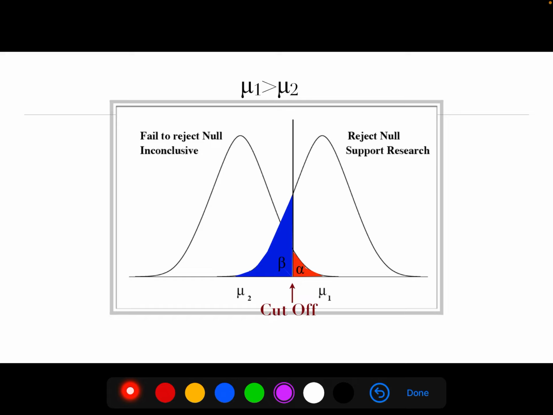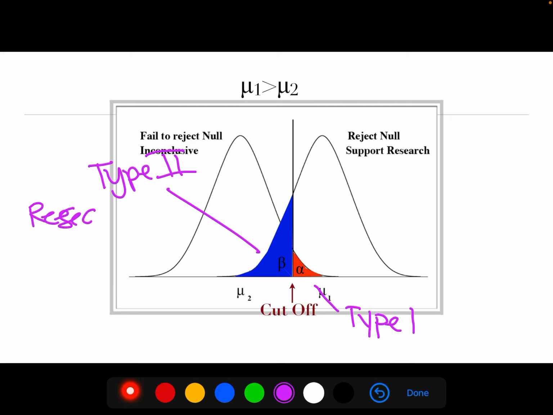So alpha and beta are on opposite sides of the line. If alpha is our risk of making a type 1 error, and beta is our risk of making a type 2 error, when we set alpha, it subsequently influences beta on the other distribution, right? And this is where the research hypothesis is actually true, but we aren't able to reject the null and we fail to reject the null.